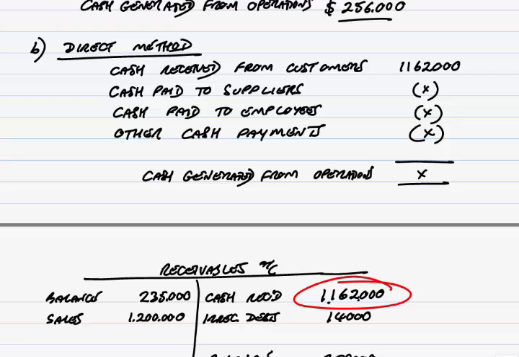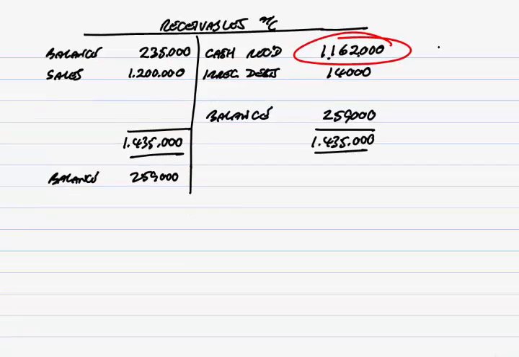Let's move on. What about cash paid to suppliers? Well, here we're going to have to do two bits, because we know from the income statement what the cost of sales was. It was 840. But of course that's not what we actually bought from suppliers, because there's opening and closing inventory.